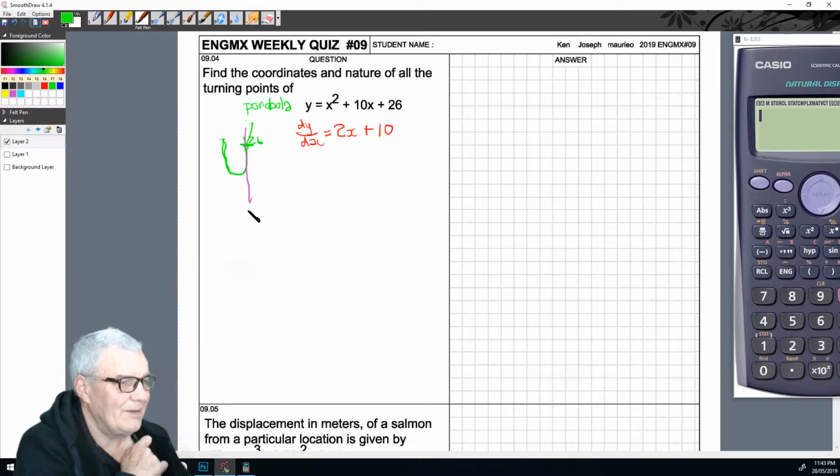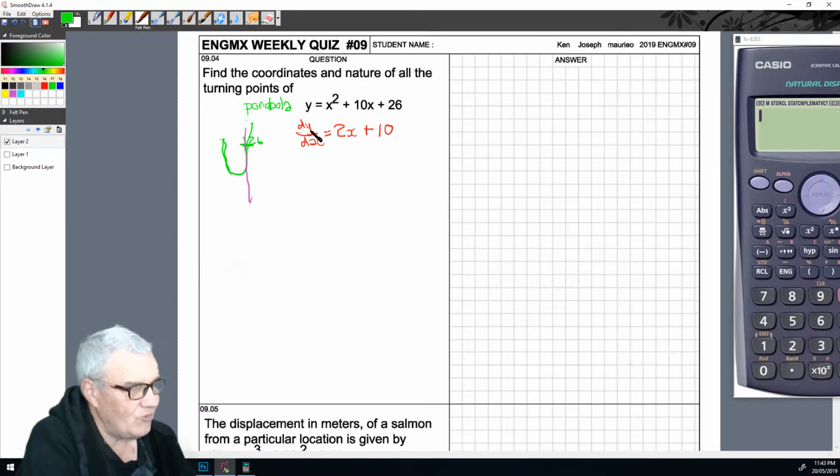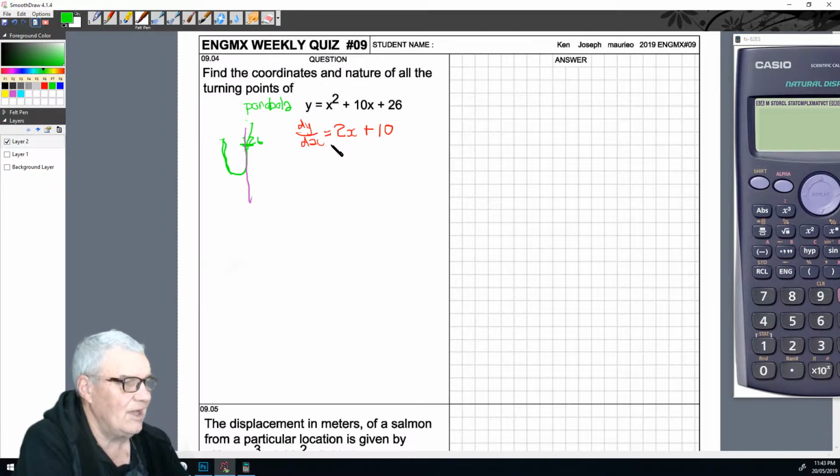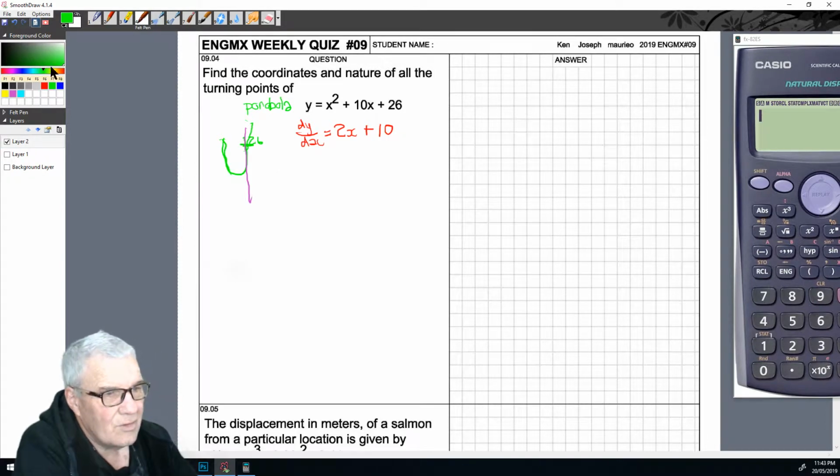So that's 26 there. And what I know is that dy by dx is the slope of the graph at any point given by the formula.